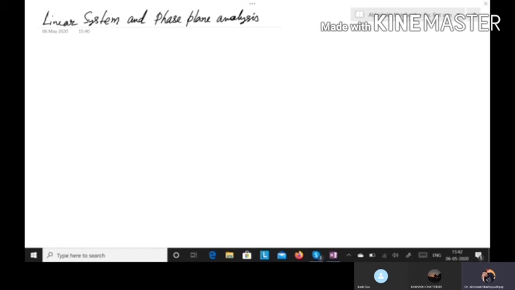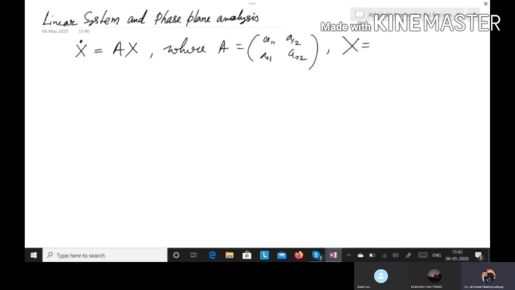That is, in the equation that we have considered, the linear system x dot equals Ax, where A is a matrix A11, A12, A21, A22, and x is the column vector x1, x2.